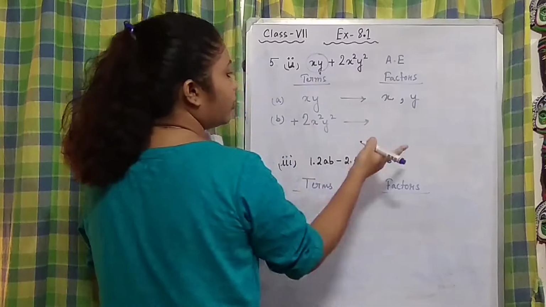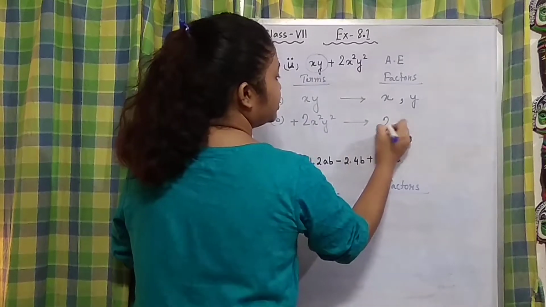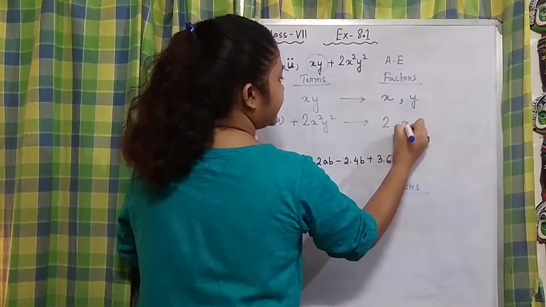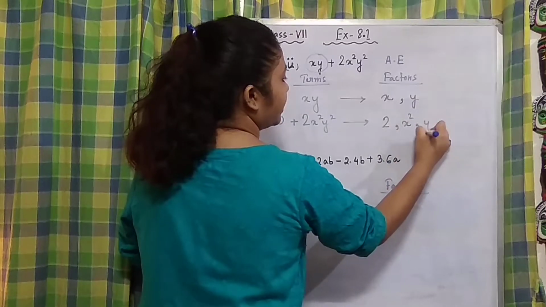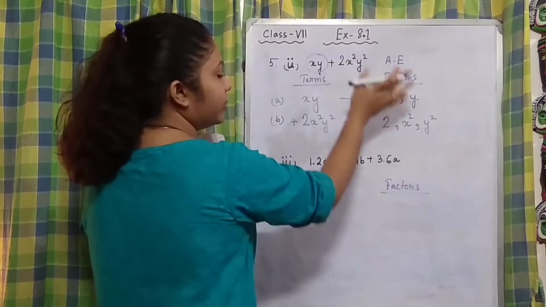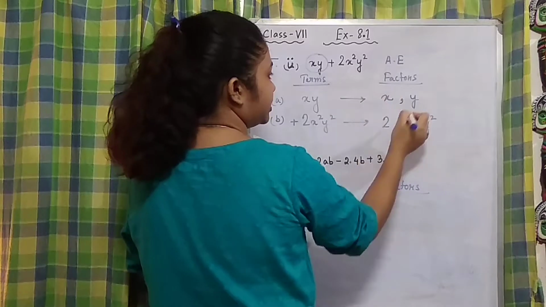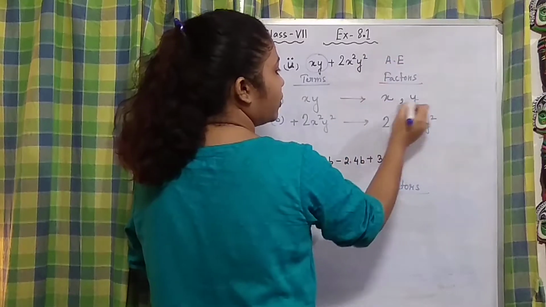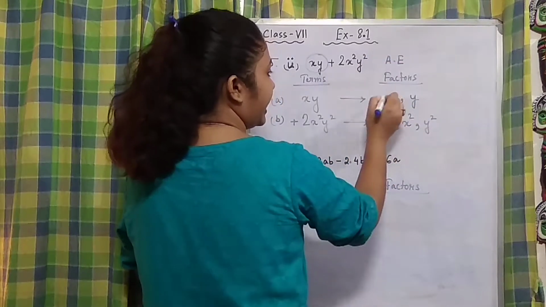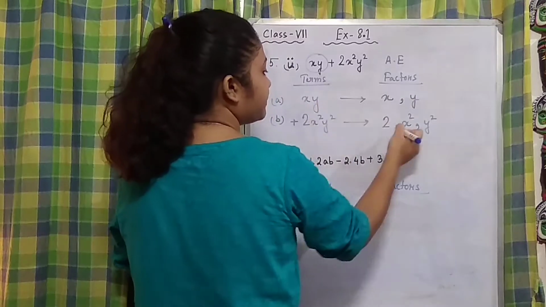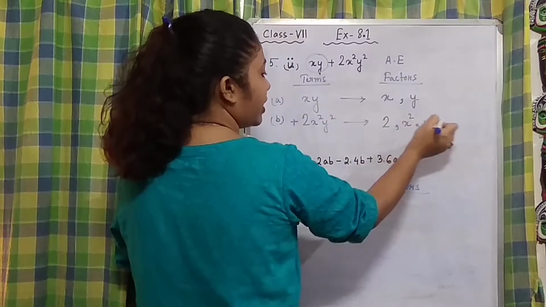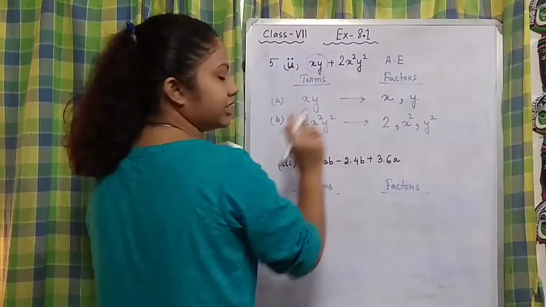Okay, from here what are we going to get? 2, x square and y square. So how many factors are there in total in this algebraic expression? 1, 2, 3, 4, 5. Where x, y from xy, and 2, x square, y square from 2x square y square.